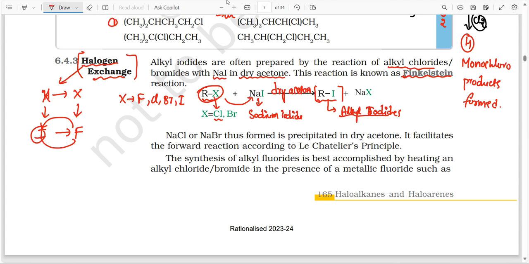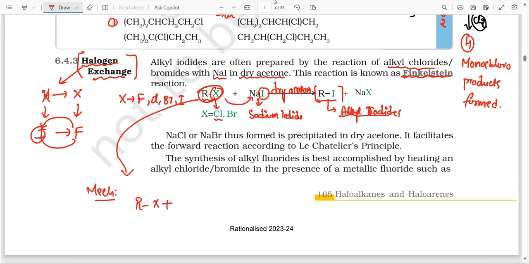This reaction is called Finkelstein's reaction. It is a very simple reaction. Here X is a halogen and I is also a halogen. Now let us try to understand a small mechanism here.